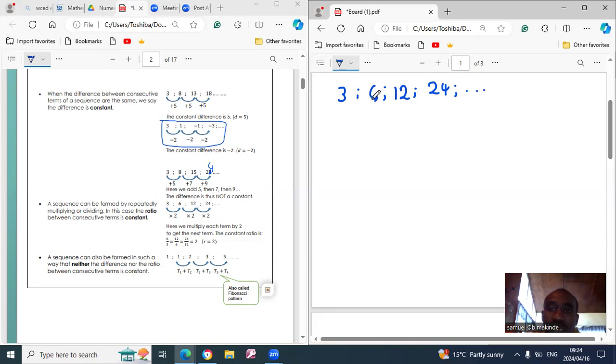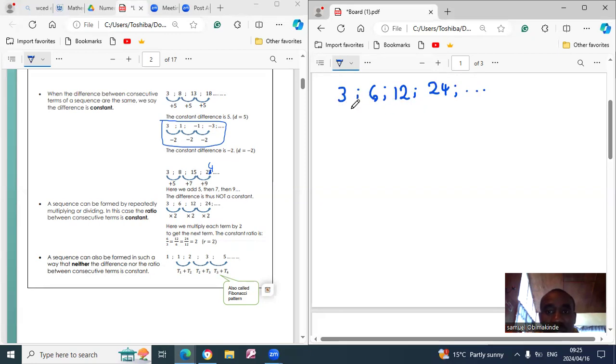To find the common ratio. This is a common ratio. It's different from common difference now. We will not go into the detail of that for the moment. We will discuss that in a future class.